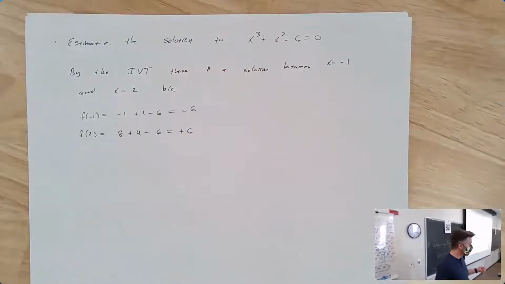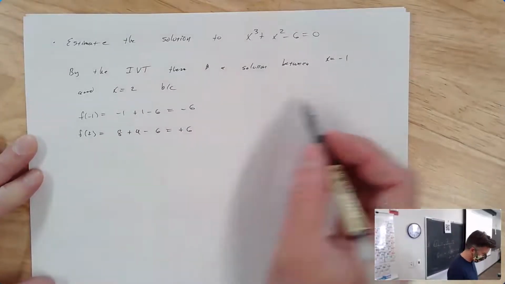Since the function is continuous and goes from a negative number to a positive number, it has to go through 0. So by the intermediate value theorem, there is a solution between these two things.